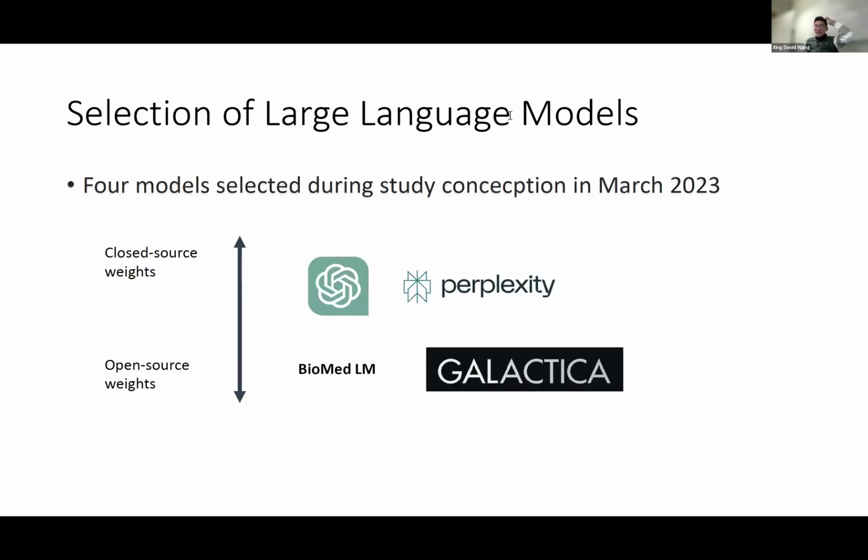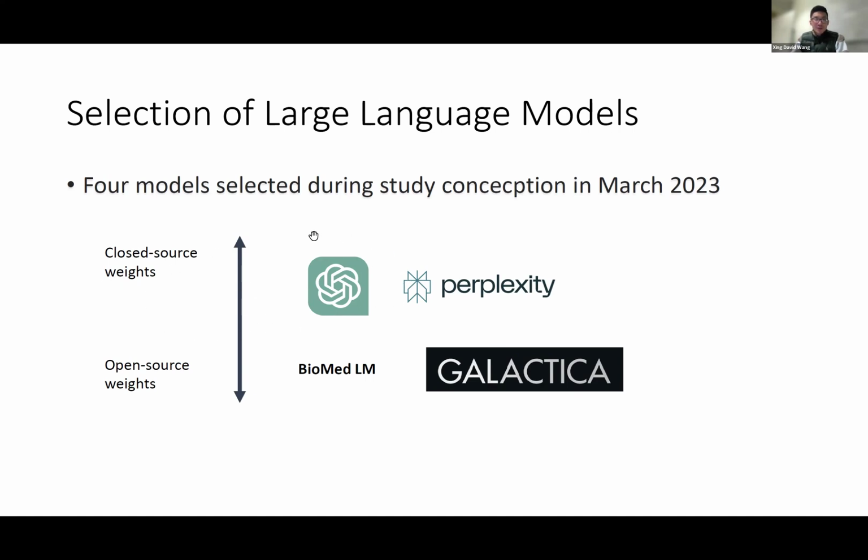So having discussed the model a bit, let's have a look at the large language models that we've actually examined in our study. So we conceived the study in March of last year. And at this time, we chose 4 different models which are available, with different criteria.